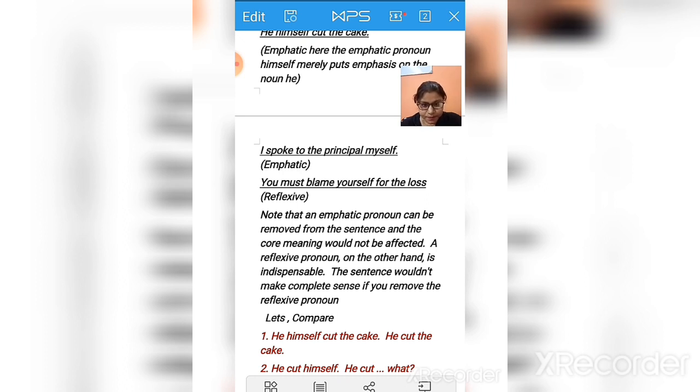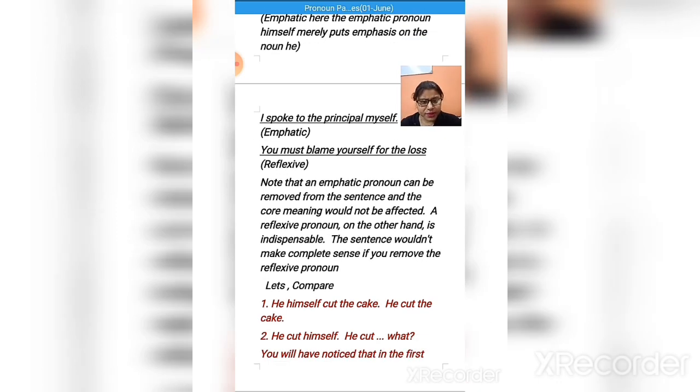Note that an emphatic pronoun can be removed from the sentence and the core meaning wouldn't be affected. And a reflexive pronoun, on the other hand, is indispensable. The sentence wouldn't make complete sense if you remove the reflexive pronoun.